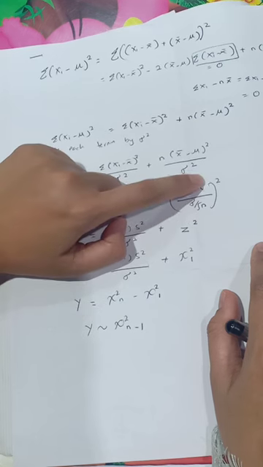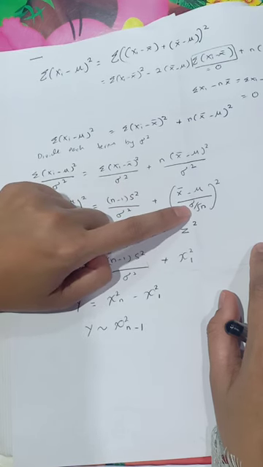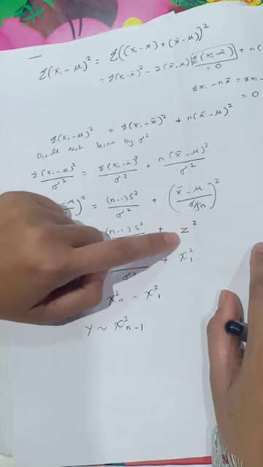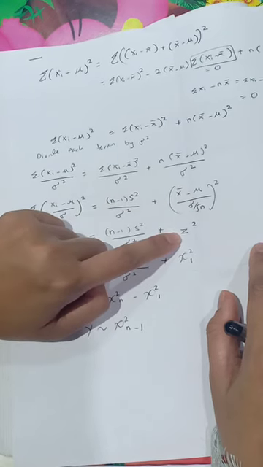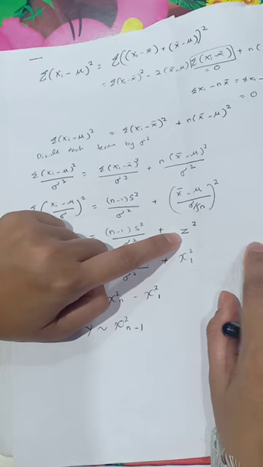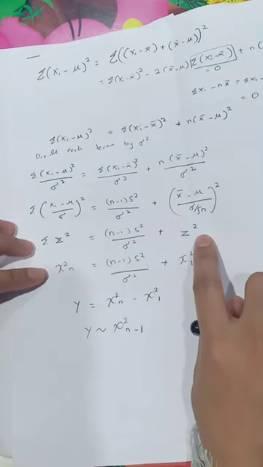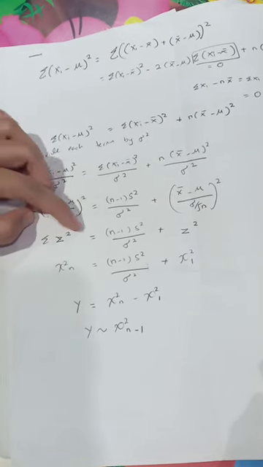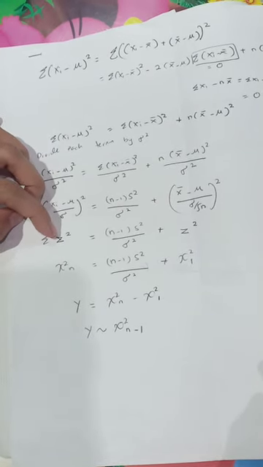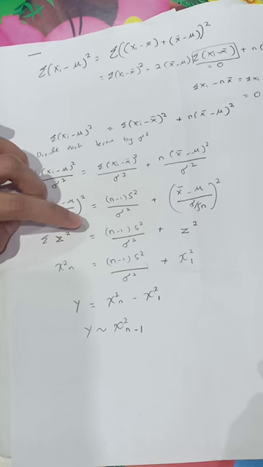X bar minus its mu divide its standard deviation. So we can use central limit theorem. This part will be z standard normal. Okay, z square. Summation of z square. Z is standard normal. Summation of standard normal square.